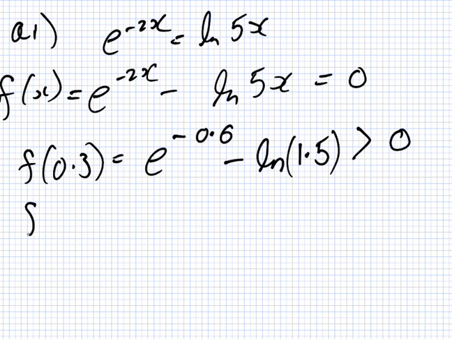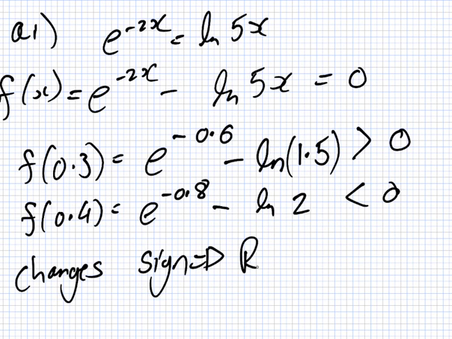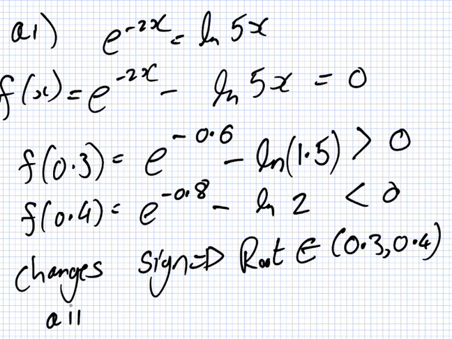And then if I put in 0.4, I will get e to the minus 0.8 minus log 2, which I guess is negative then. So it changes sign, that implies there's a root somewhere between 0.3 and 0.4.